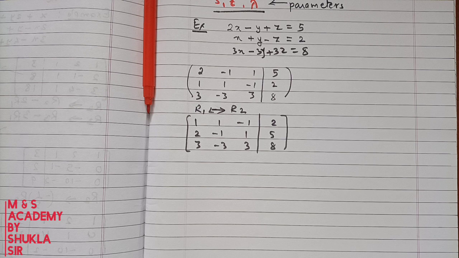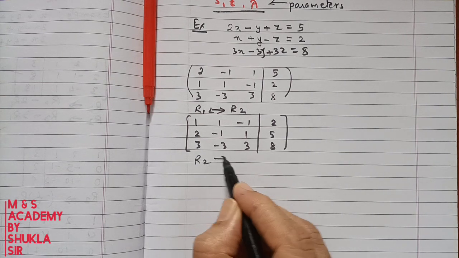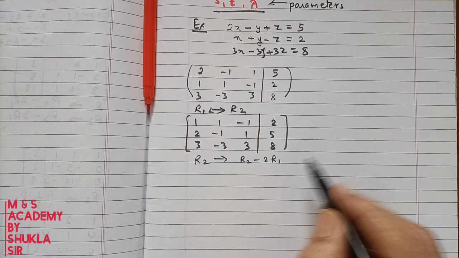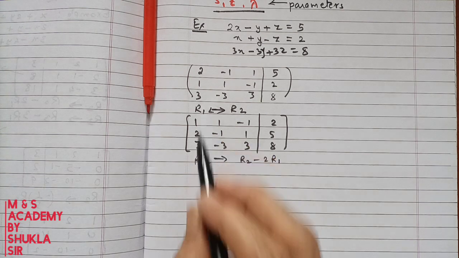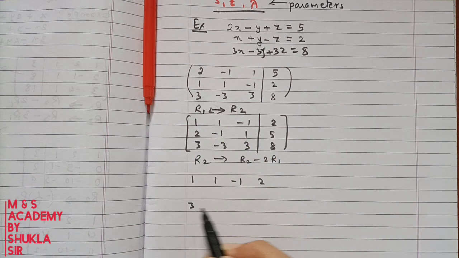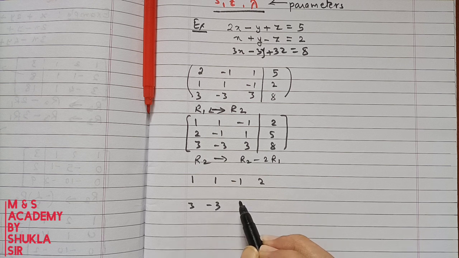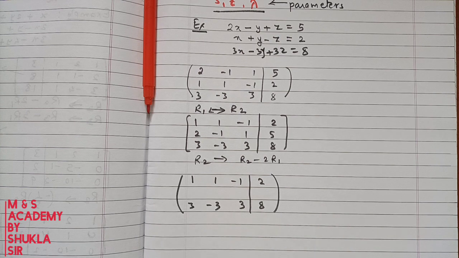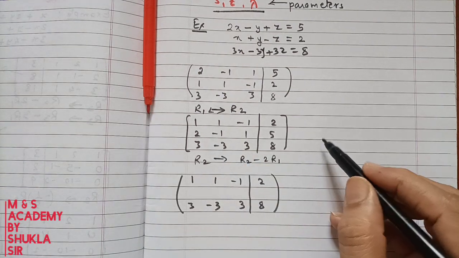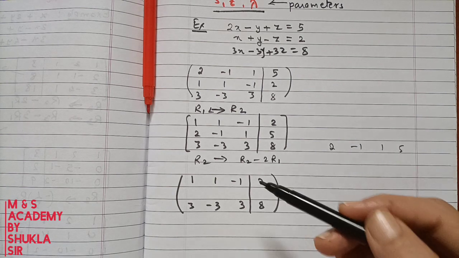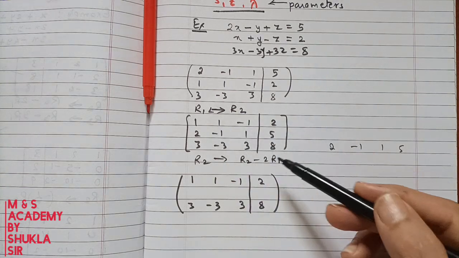Now we need to make this one 0, this one 0. So we are changing R2. How? R2 minus 2 times R1. So we'll write here the elements which are not going to change: 1, 1, minus 1, 2, 3, minus 3, 3 and 8. Write down the second row elements here to perform the calculation: 2, minus 1, 1 and 5, and then multiply the first row elements by minus 2.